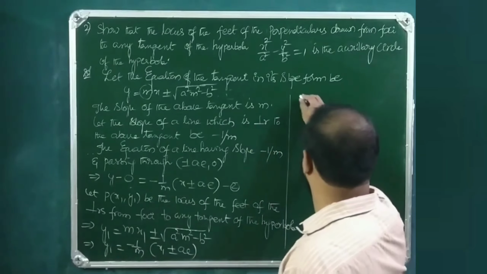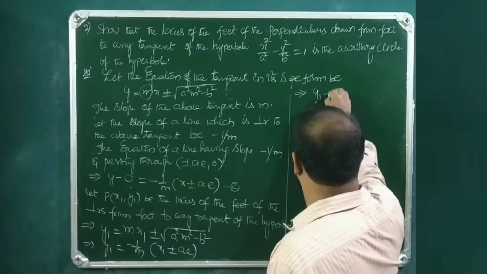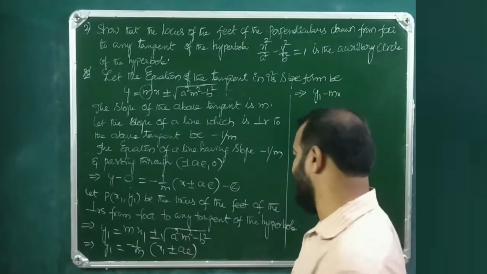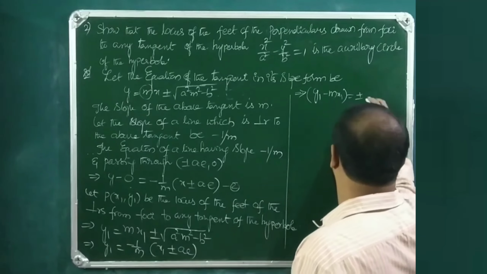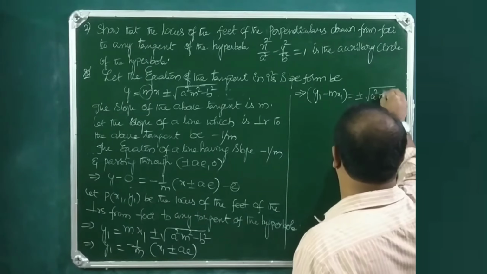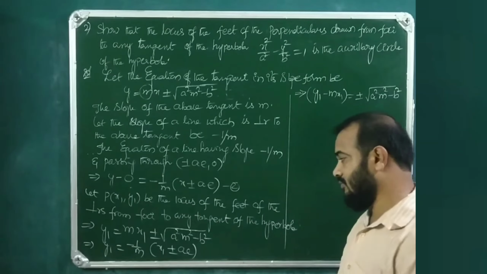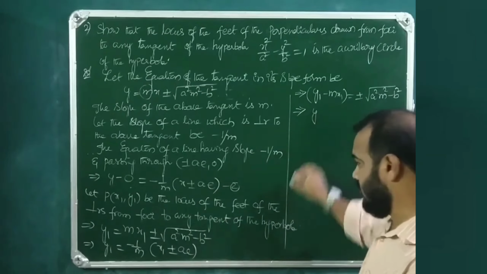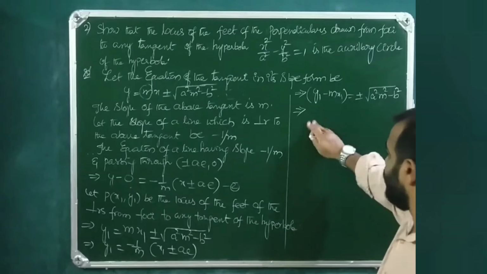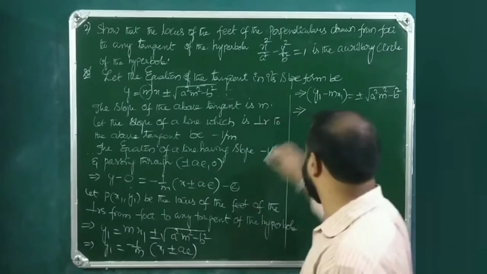So this is y1 minus mx1 is equal to plus or minus the square root of a square m square minus b square. So this is y1, and this is my1.